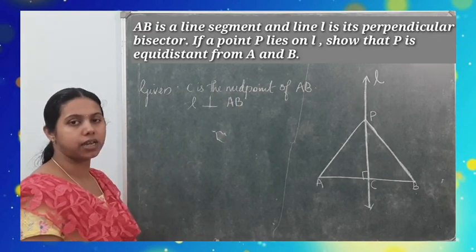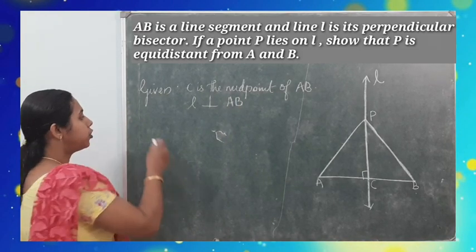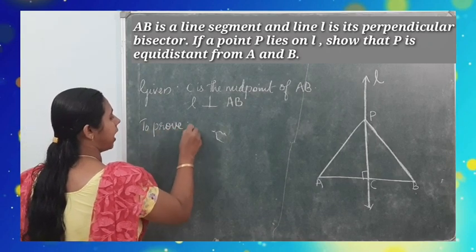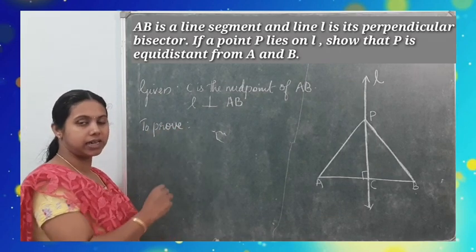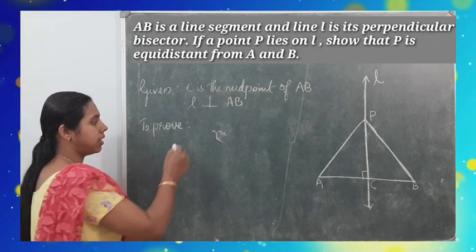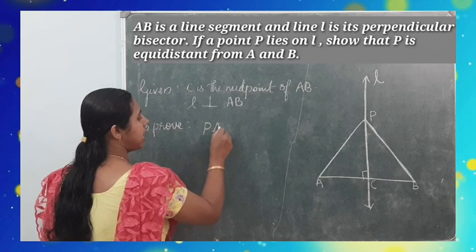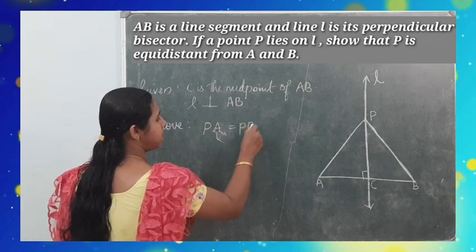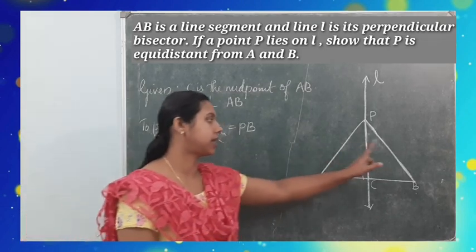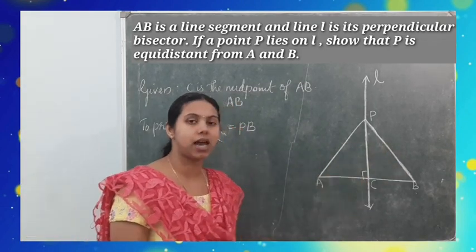Those two things are given for you. To prove: we want to prove that the point P that lies on the line L is equidistant from A and B. That means PA equals PB. We want to show that these two distances are equal.